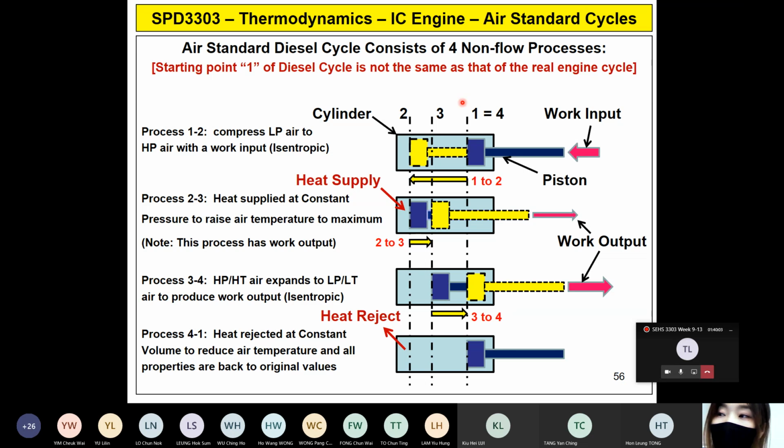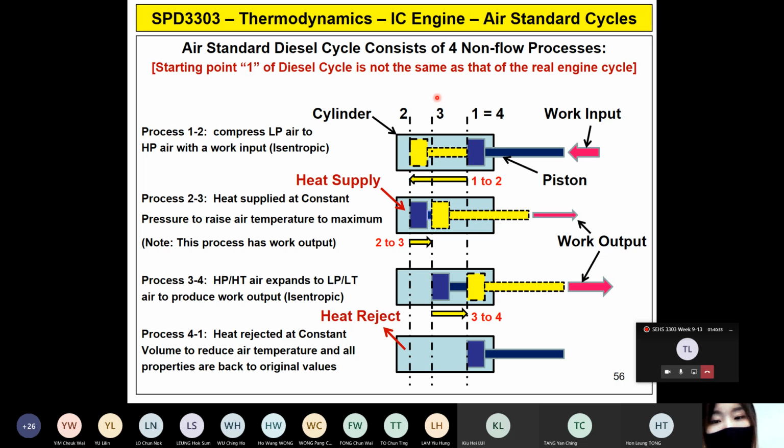Closed system. That is a non-flow system. The amount of air does not change during the whole process, during the whole cycle. So it's a non-flow system. For a non-flow system, what you can use is the non-flow energy equation. Remember that?